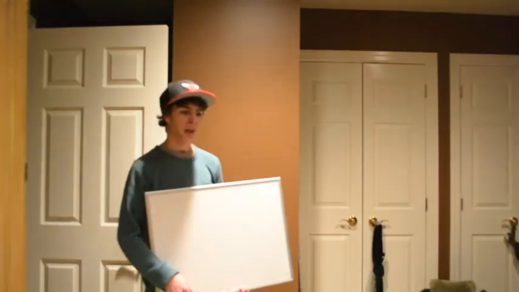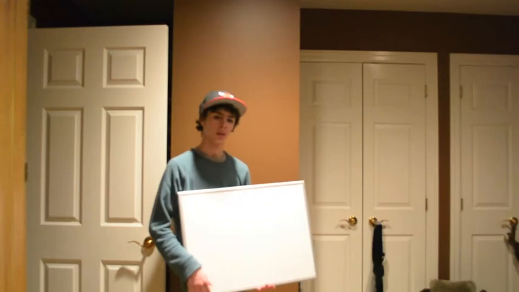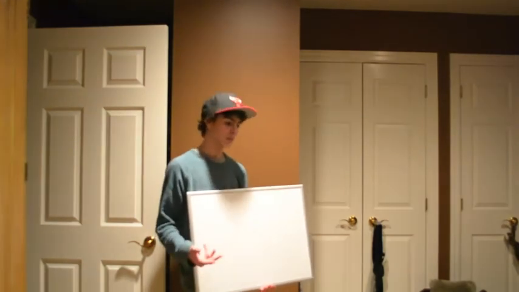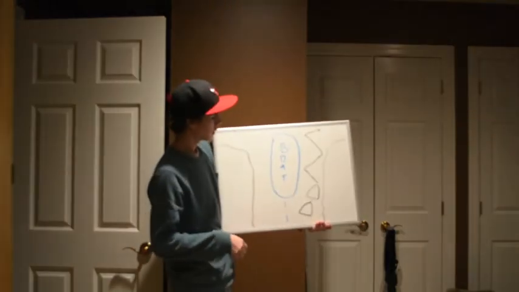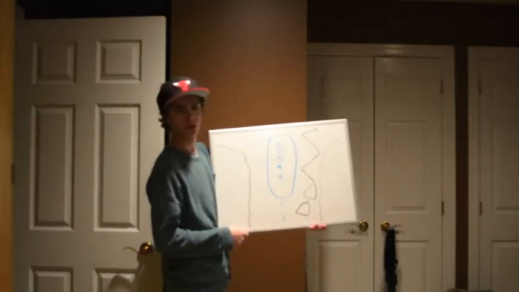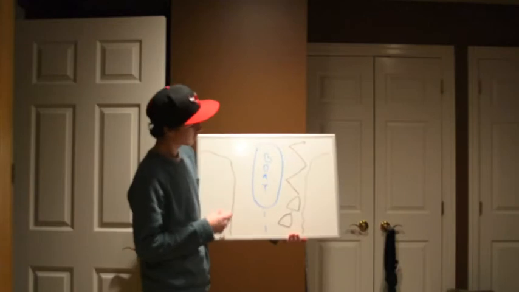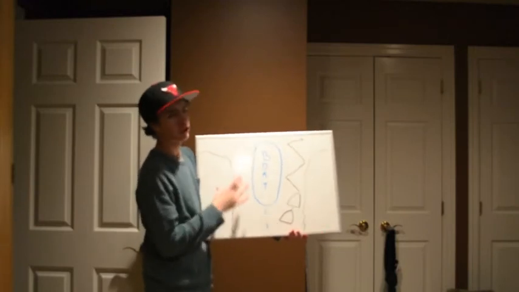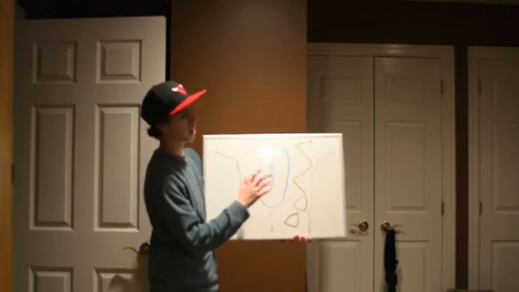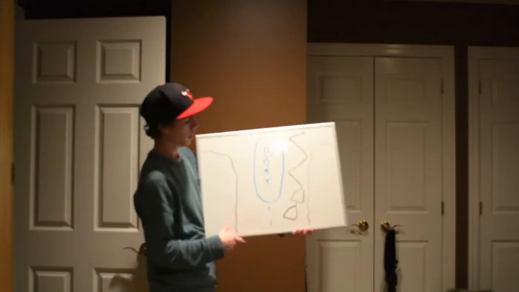I'm going to draw a diagram of a scenario. Here we have the diagram of a commercial boat, and I drew this as if it was coming down a channel with rocks on the side and the water going through the middle.